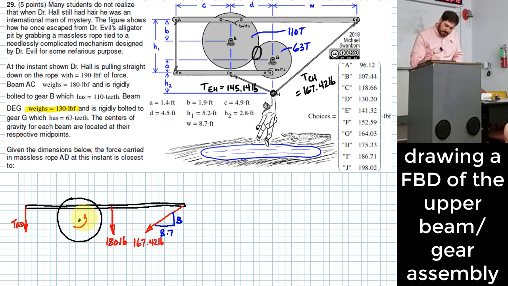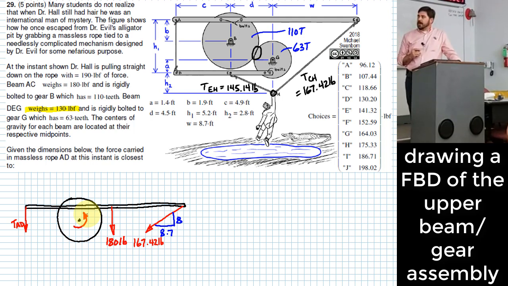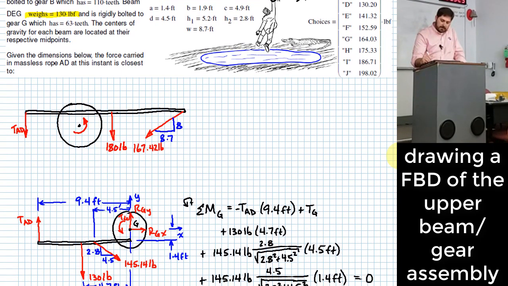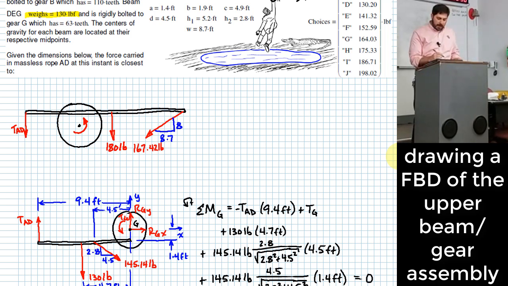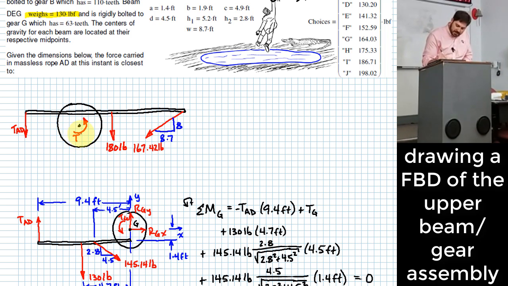And how do I say what the value is of that torque? Do I have anything that would allow me to know the value of torque relative to my last analysis? I have a number of teeth, right? And which gear has more torque, the bigger one or the smaller one? The bigger one. So I would submit to you that the torque on this gear is going to be the torque on the last gear, TG, multiplied by what?